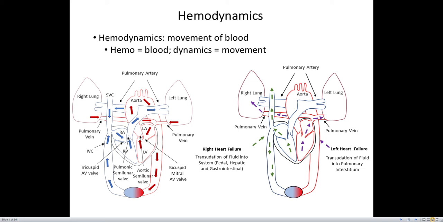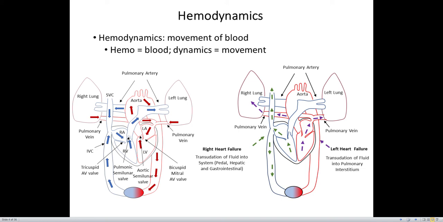And the left ventricular contraction will eject blood through the aortic semilunar valve into the ascending aorta, through the aortic arch, and down the descending aorta and other blood vessels as well, where it can go to tissues and again participate in gas exchange at that level, delivering oxygen and picking up carbon dioxide.